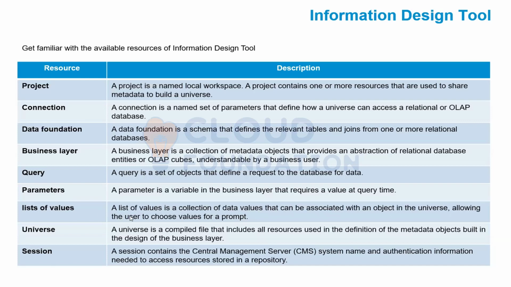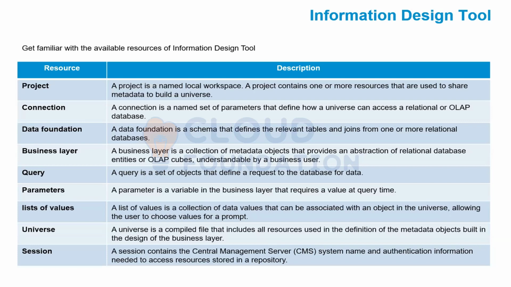List of values. A list of values is a collection of data values that can be associated with an object in the universe, allowing the user to choose values for a prompt. For example, we might create a year prompt in the reporting layer, but some users do not know how to enter it or how it is set up. Instead of entering, they can select from the given list of values.